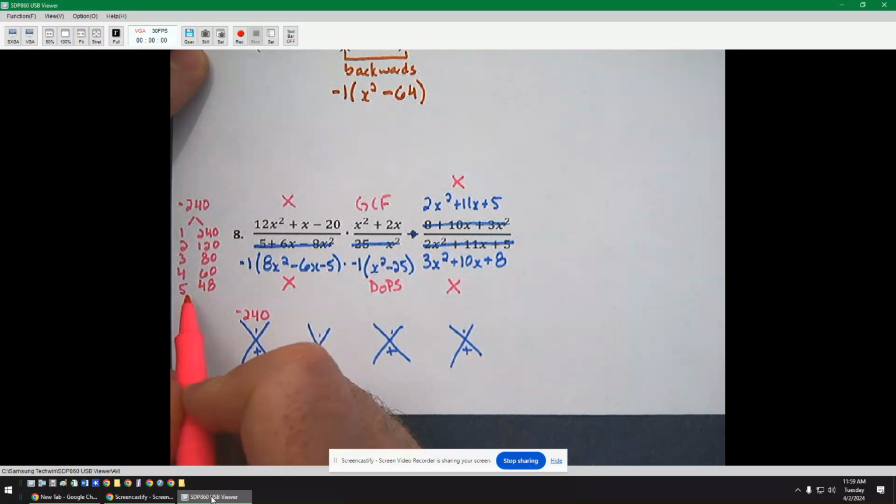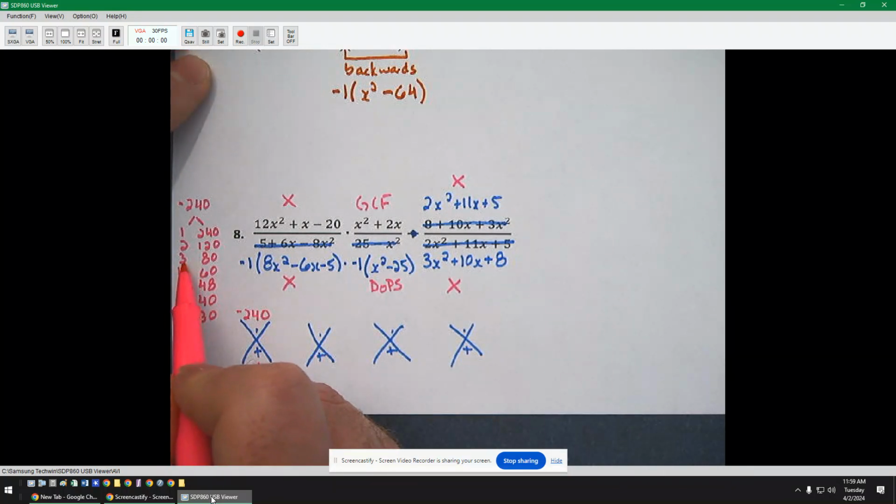Yeah. 6, so that would be 10. 6 and 40. 7, I don't think 7 is going to work, no, because it doesn't go into 24. 8, so I go back to the 4. One way you can kind of cheat here is if 4 works and the number's still even, that's going to be what 8 is. So I'm going to change that to an 8, and I'm going to divide this by 2, so that's a 30. 9, 3, and then this isn't still divisible, so 9 doesn't work.